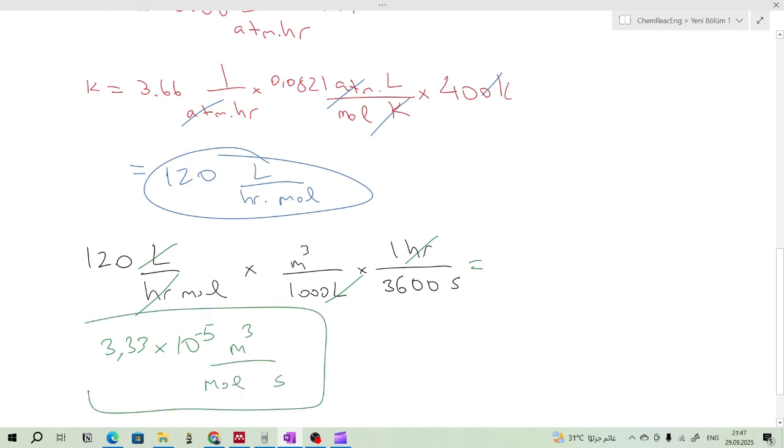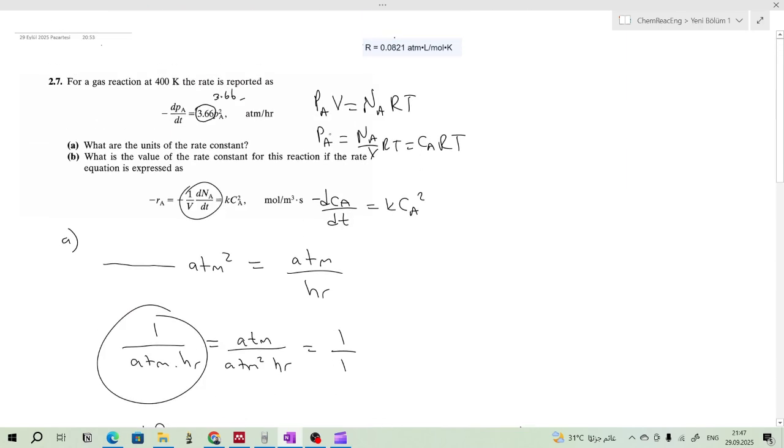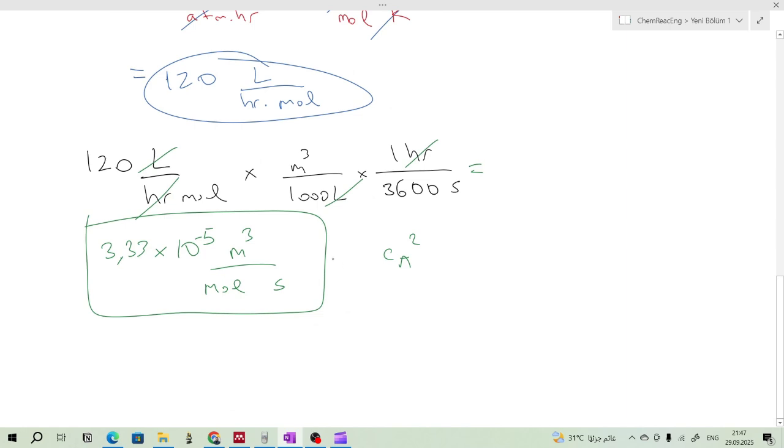Let's cross check. This is k. If you multiply it by C_A squared, do you get this unit? C_A squared is just mole squared over meter cube squared.